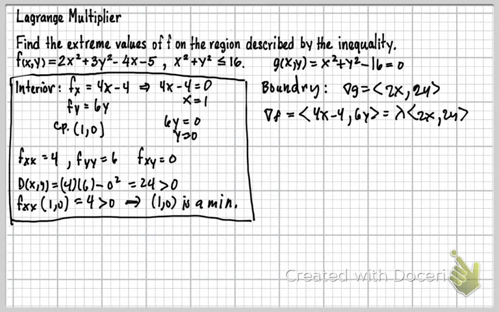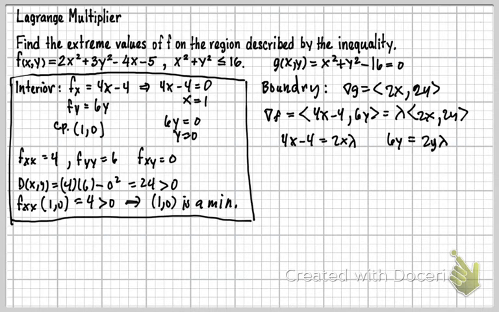And again, now I'm going to set up all those equations. So now this is going to result in the equations 4x minus 4 equals 2x lambda. There's the first one. And the next one is going to be 6y equals 2y lambda.